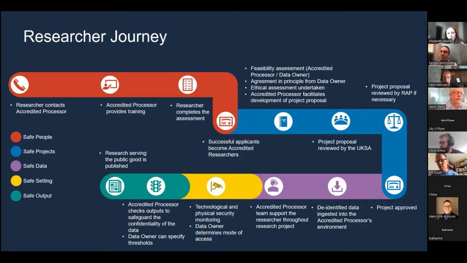So we have strict thresholds about what can be released, and that disclosure control output checking is the final stage of the process. Once we're sure that we're not going to release anything about an individual or a business, then that analysis can be released. So move to the next slide.